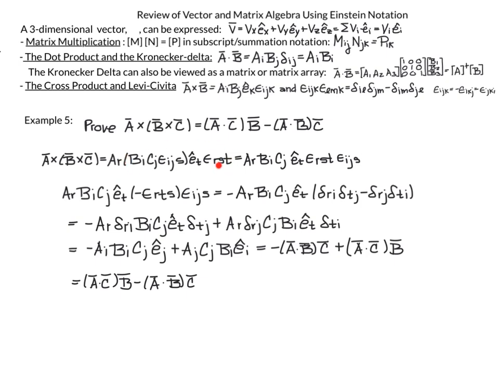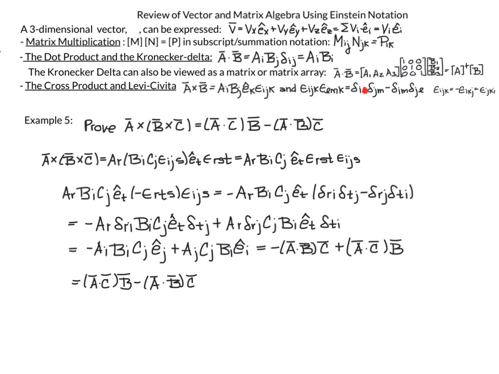But once we get to this point, then I can regroup or rearrange. So I have my a_r, b_i, c_j, and now I have my epsilon tru... epsilon rst, and epsilon ijs. Again, we want to use this formula here to simplify our Levi-Civita. But first, we need to have the same last index, which we do not, which means we need to rearrange. So we can rearrange, but we need to introduce the negative sign.